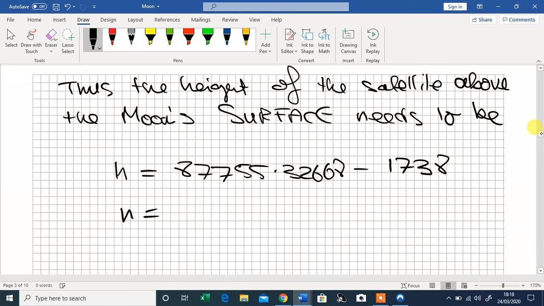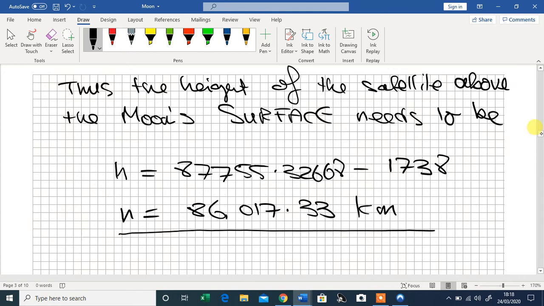And so if we subtract that, we get a height of 86,017.33 kilometers. And that is the answer.